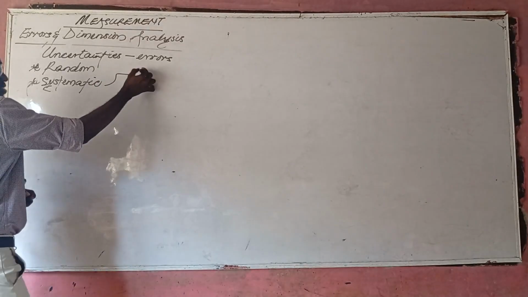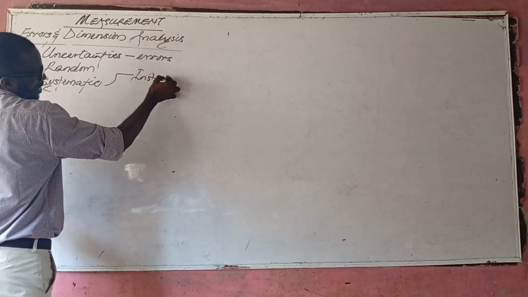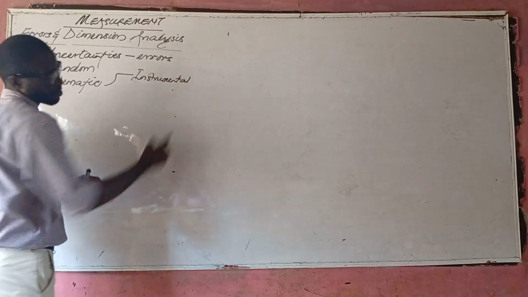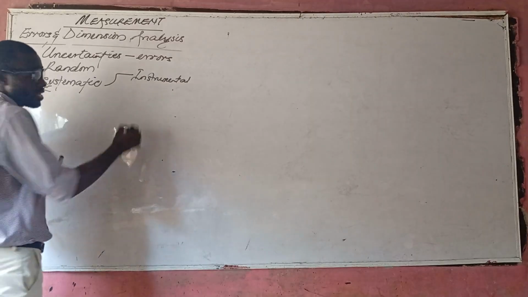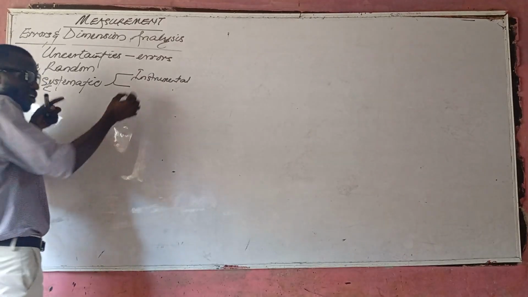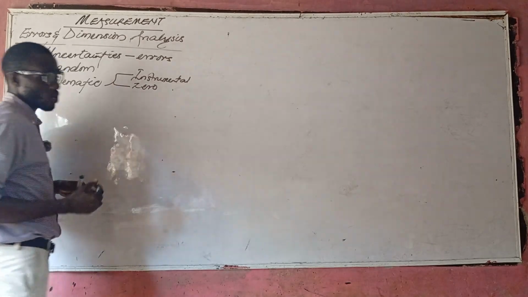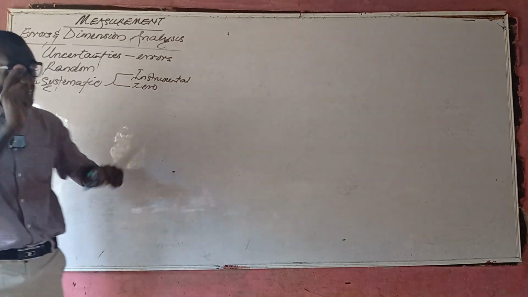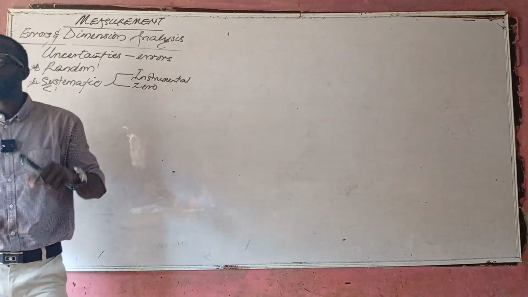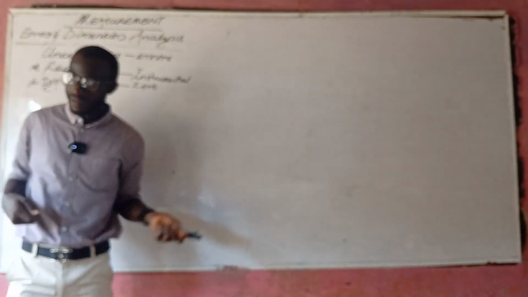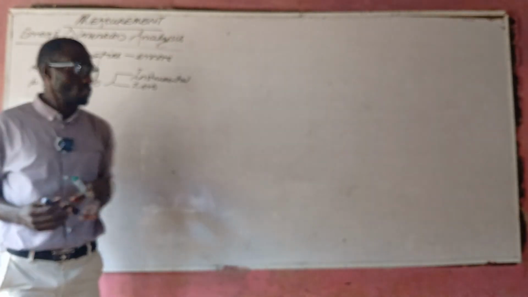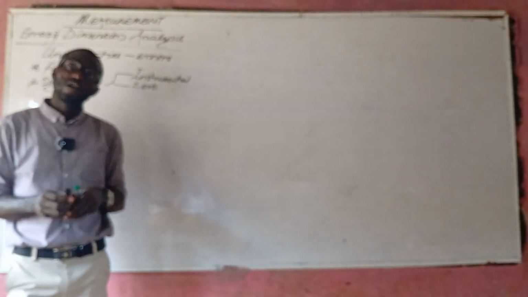So I know there is instrumental error. Instrumental error is error due to a faulty instrument. Exactly. There's also a zero error. This is also instrumental, maybe due to improper calibration of your ruler, for example. But zero error is this. Look at a scale that you use in measuring your weight.